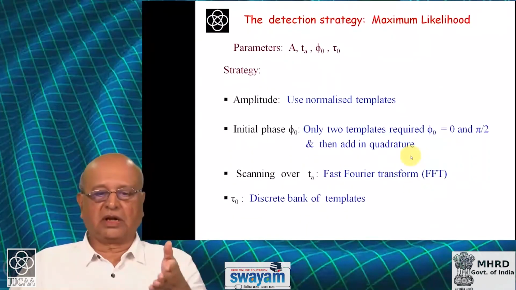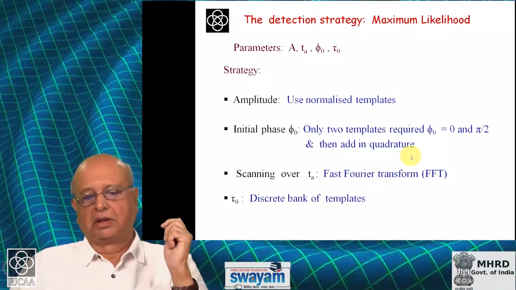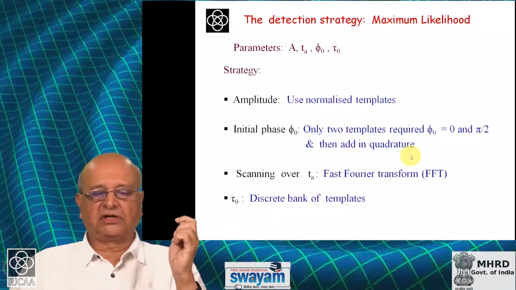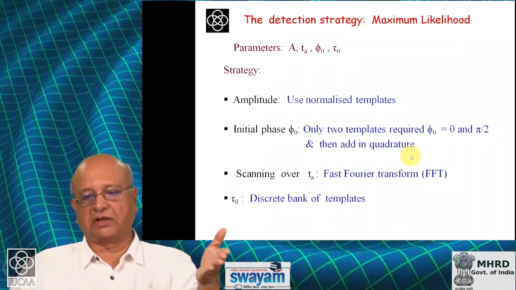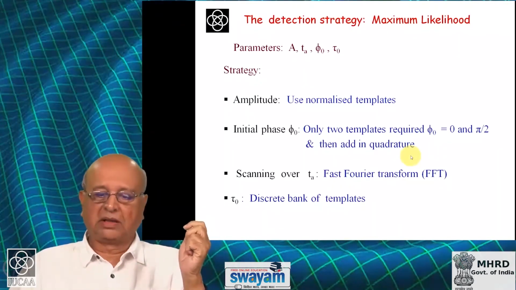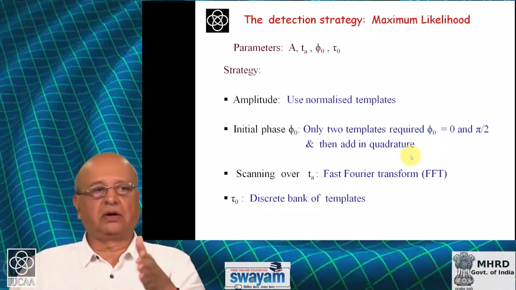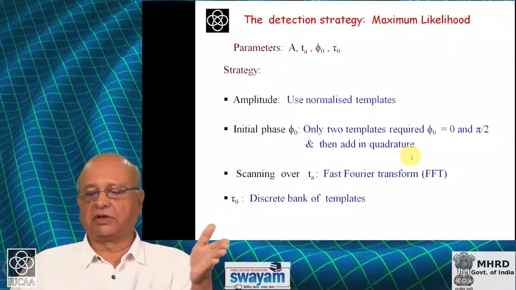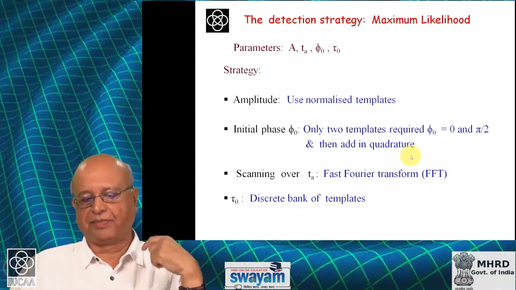So, the parameters are A, t_a, phi naught and tau naught. So, the strategy is, for amplitude you use normalized templates. For the initial phase, you do not have to search all over phi naught. That is also one of the things which we had pointed out. There are only 2 templates which are required, phi naught equal to 0 and phi naught equal to pi by 2, and one can make a linear combination of these 2 templates and get the template for any other phi naught.